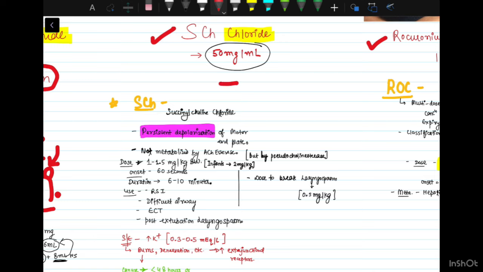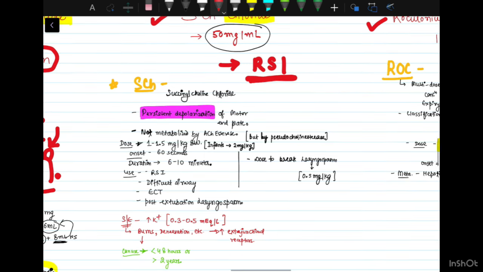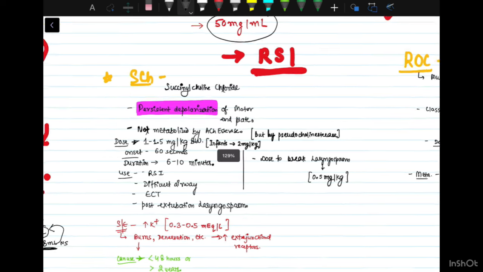Most of the time, because it is used as a part of rapid sequence induction, you give it immediately after the induction agent, so that you can intubate the patient very rapidly. Because the onset is quite quick, within 60 seconds the effect comes, that is why it is used as a part of RSI.